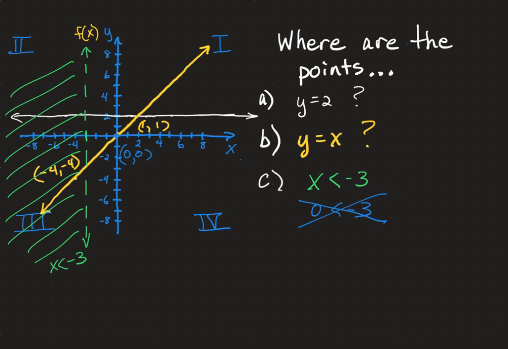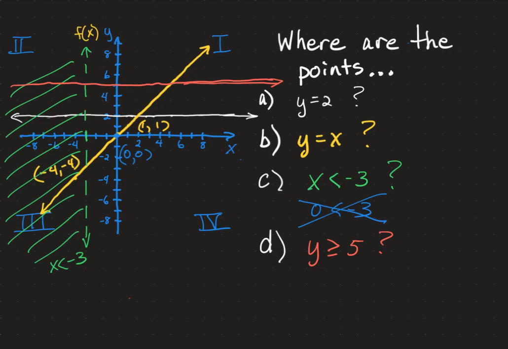Let's look at one more situation. Where are the points where their y values are greater than or equal to 5? Because it says or equal to, we actually go ahead and draw a line where y equals 5, and it is all points, all integers, all fractions, all decimals, all irrational numbers for the x value.